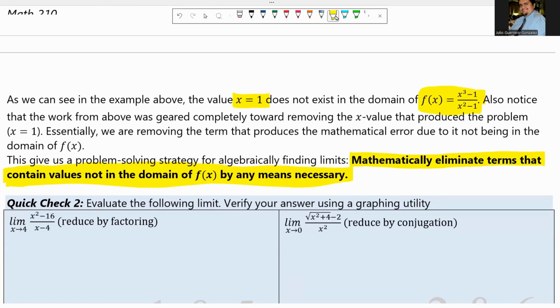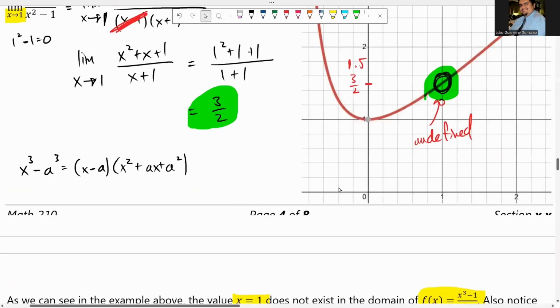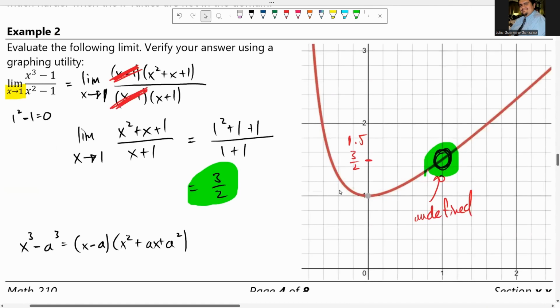Somehow you need to make it cancel, make it subtract away, make it disappear, just like we did up here. The x minus 1 is what was giving us the problem in both the top and the bottom, so we eliminated that in order to properly compute the limit.